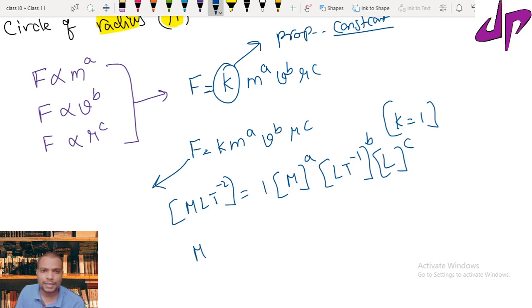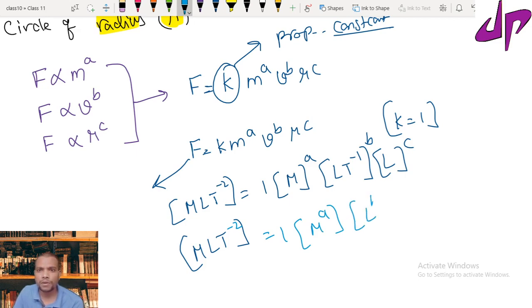Now the right side is the same, M L T power minus 2, but on the left side if we simplify again, it becomes 1 as usual, M power a, and here L power b and T power minus b, and again L power c.